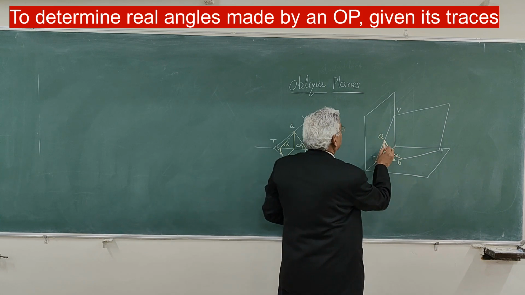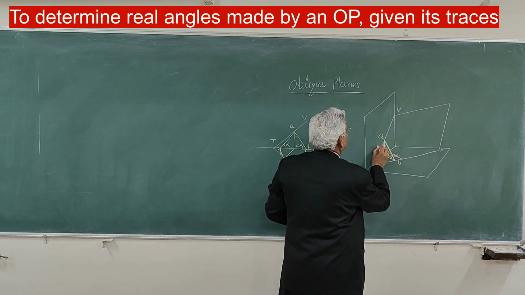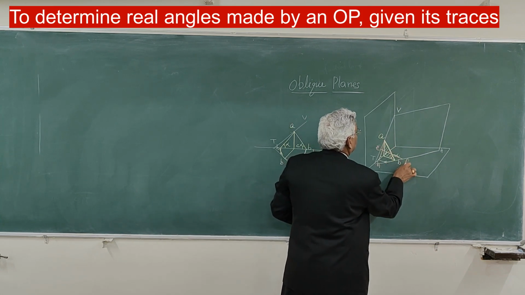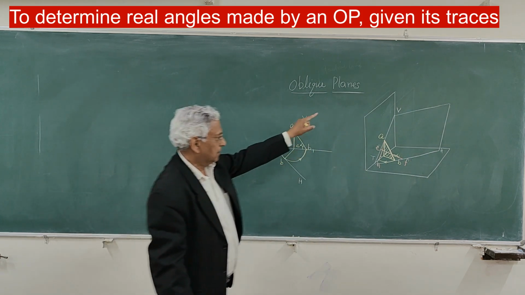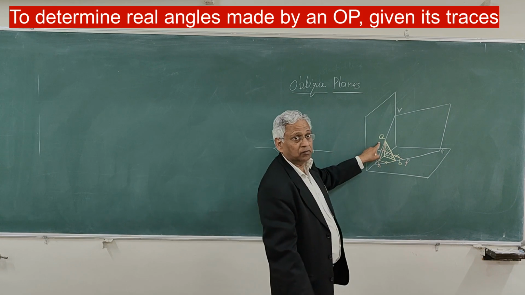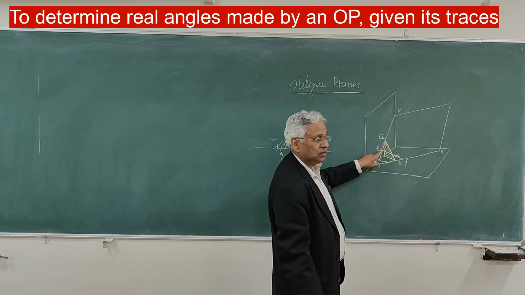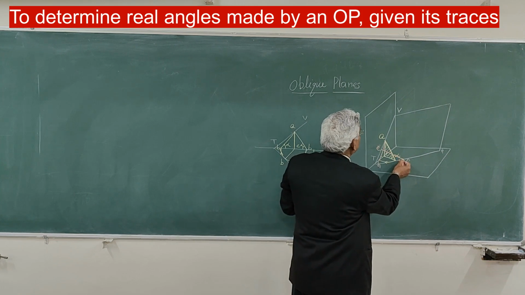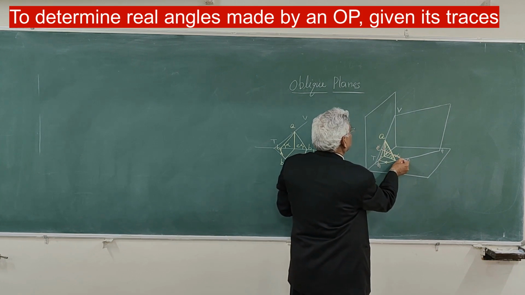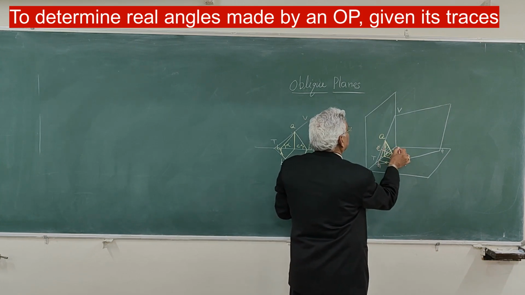Let us say E, F. Its projection on the vertical plane is a point, and its elevation will be somewhere here on the ground line.